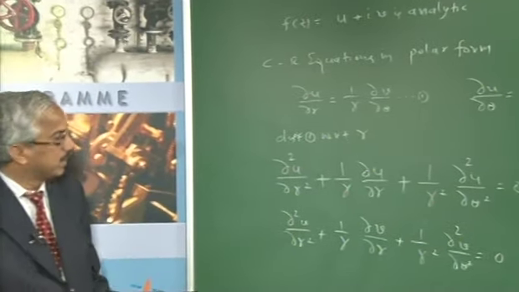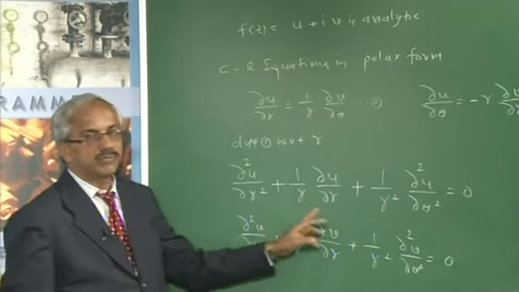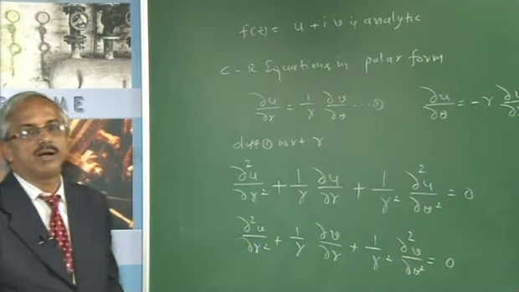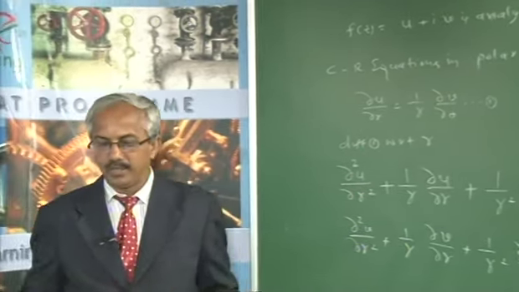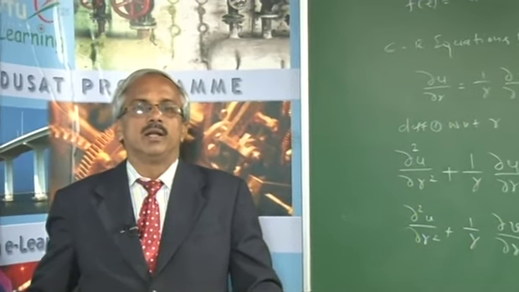So observe here, u satisfies the two-dimensional Laplace equation in polar form, and v satisfies the two-dimensional Laplace equation in polar form. Therefore, both u and v are harmonic functions in polar form also.